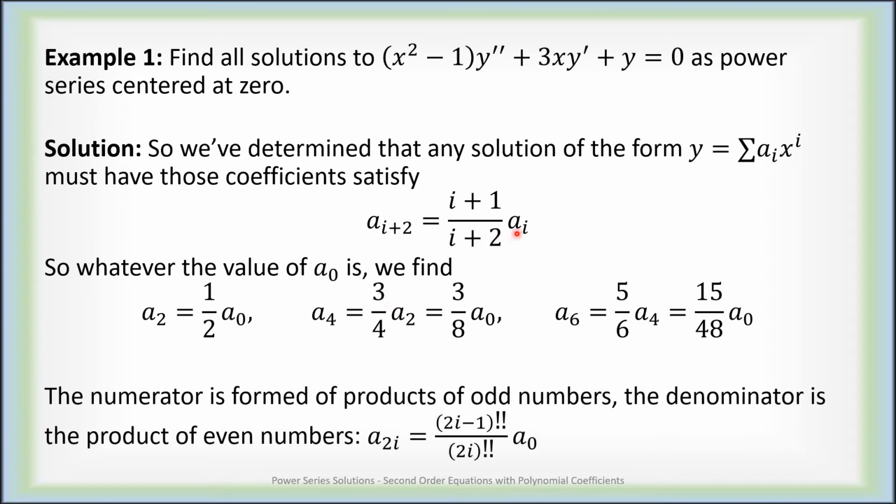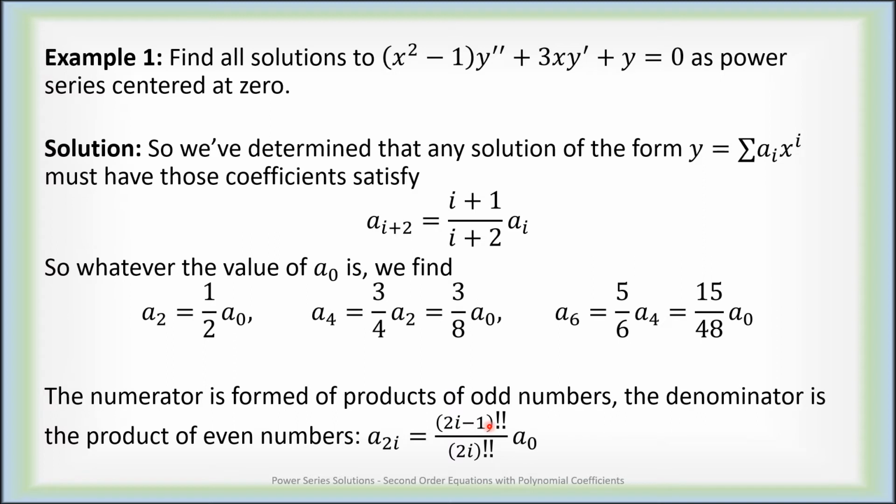Notice, if I have a_0 here, then this numerator was odd. If this i is any even number, then this is i plus 1, it's odd, and this denominator is even. So if I start from a_0 and I generate a_2, a_4, a_6, etc., these numerators are just a sequence of odd numbers, and the denominator is a sequence of even numbers.